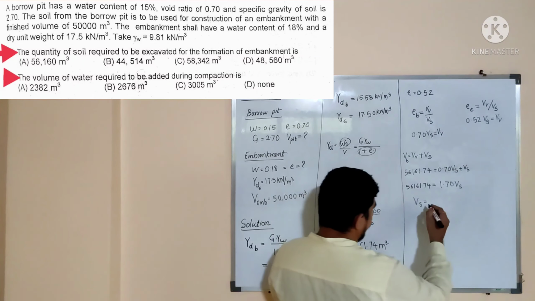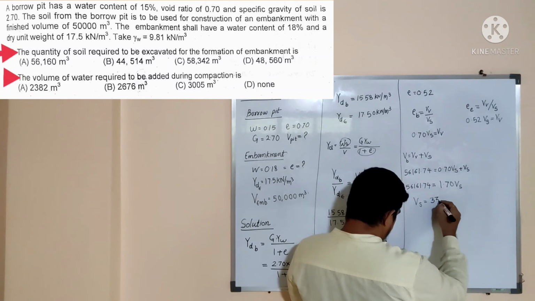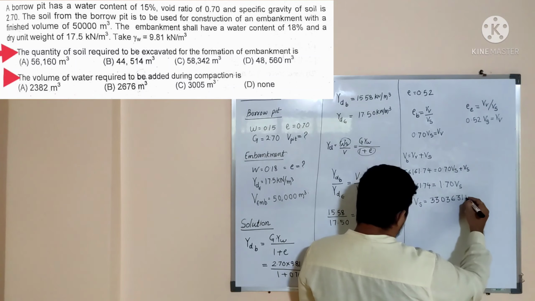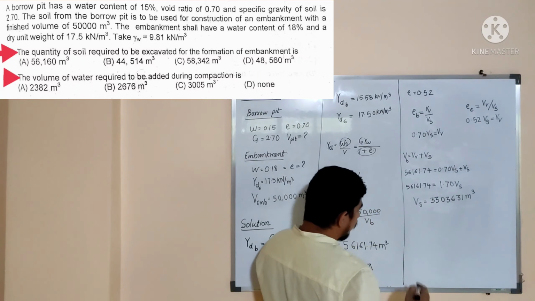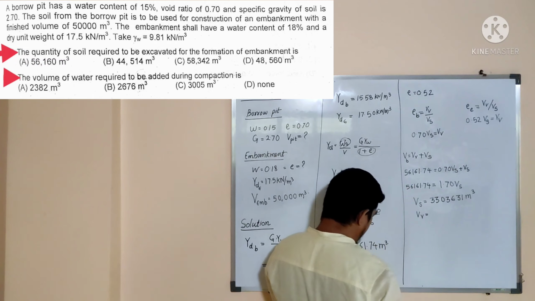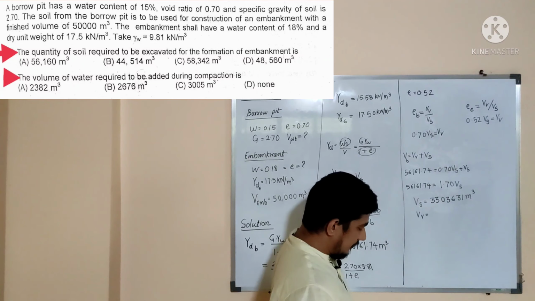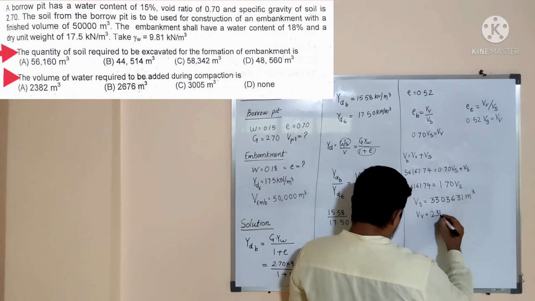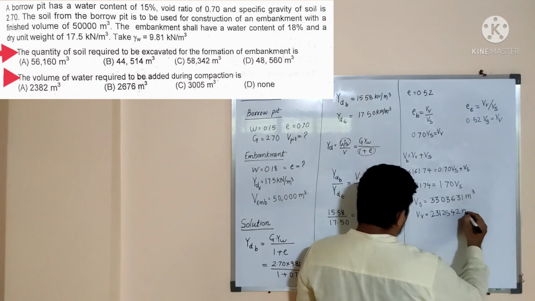Okay, so Vs is 33,036.31 meter cube. So volume of voids will be 23,125.42 meter cube.